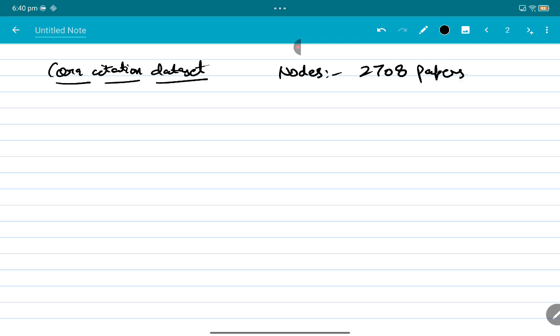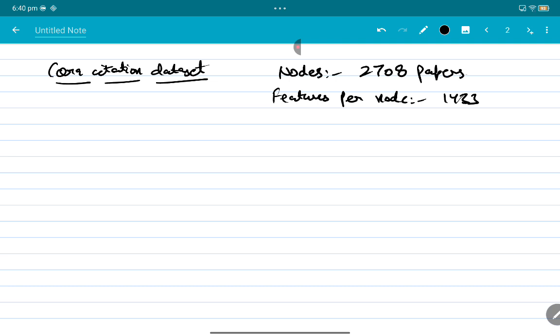Each paper is a node, and each node is described by 1433 features. This could be any features, like the location, title, abstract, length of the paper, journal, etc.